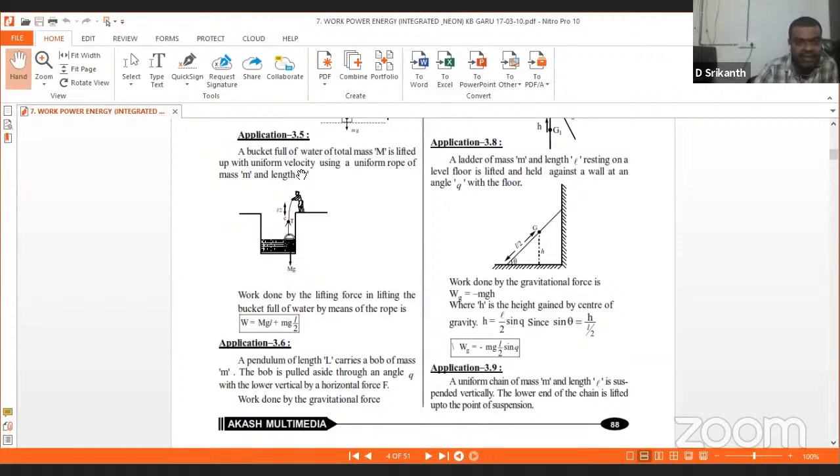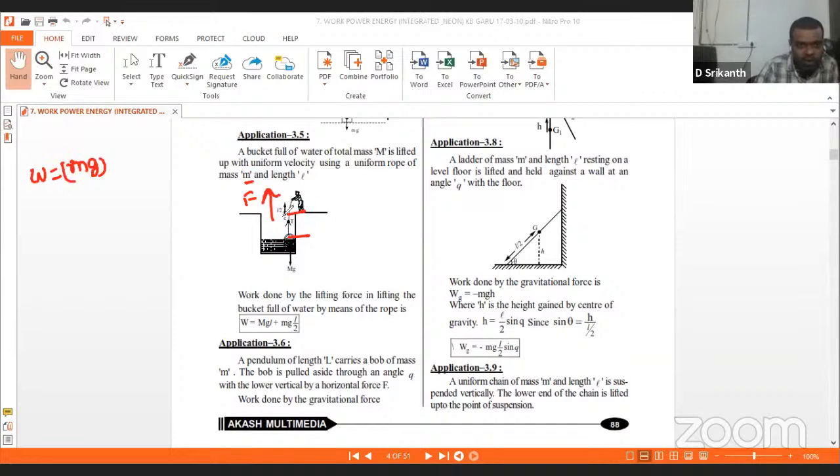Whenever the man is lifting the bucket with the help of the rope, the force is in the upward direction. The rope length is L. A bucket full of water of total mass M, and the rope has a mass small m, so mg.